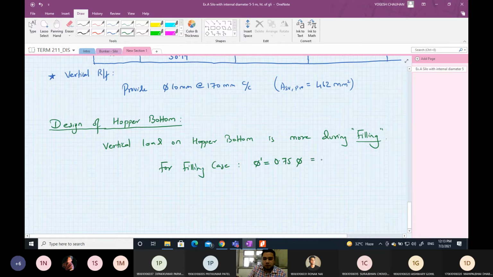So that will be 0.75 into 28, that is 21 degree.